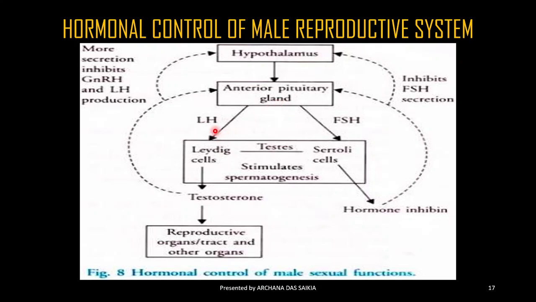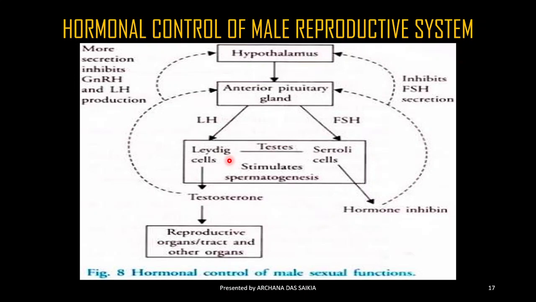The LH that is released by the pituitary gland located in the brain will move through the blood. These are endocrine glands, so it will move through the circulatory system and finally reach the male reproductive system, the Leydig cells. Leydig cells, where are they located? They are the interstitial cells located in between the seminiferous tubules.